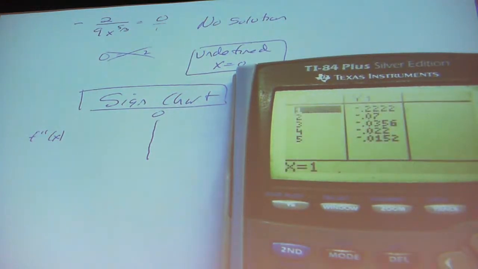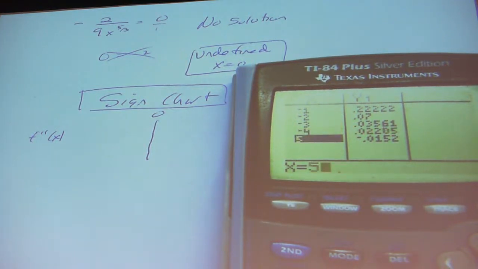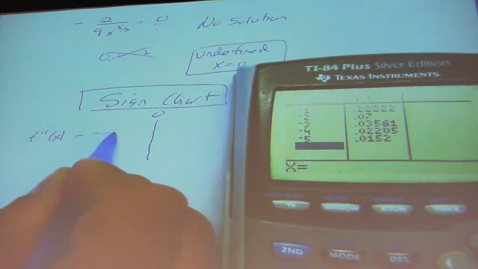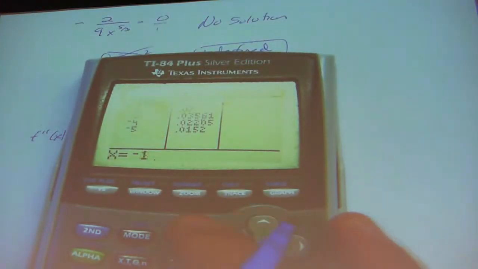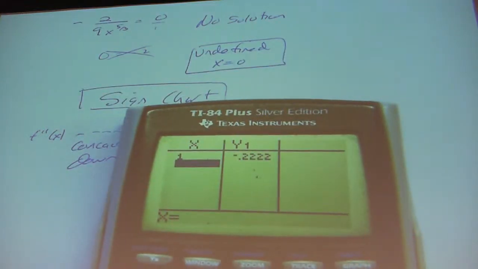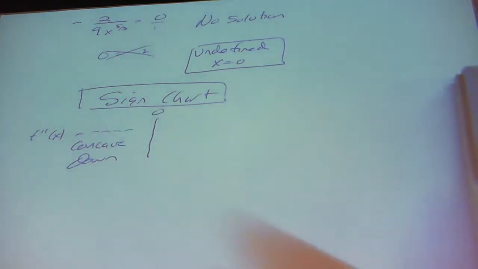And if I plug in numbers negative 1, negative 2, negative 3, negative 4, negative 5, all the results are positive. And if I plug in positive numbers, numbers after 0, notice all of those are negative.